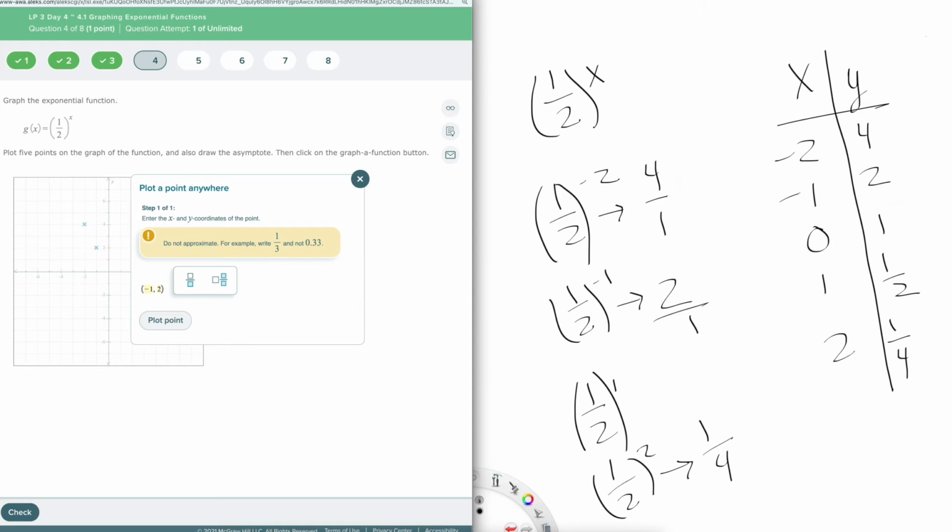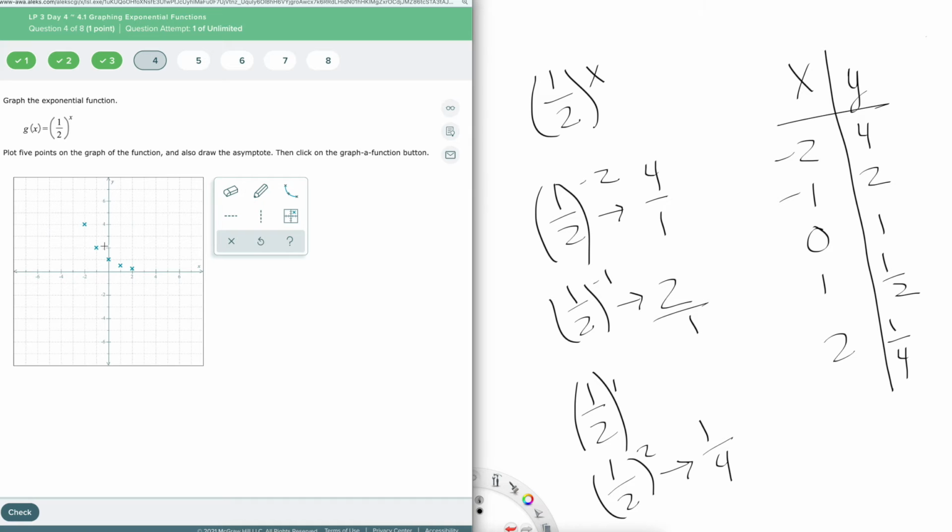Then the points: -2, 4, -1, 2, 0 and 1, 1 and 1/2, and 2 and 1/4. So they made this one a little easier, I think, to see. So we can definitely see this one, hopefully a little easier. So when we plot this, make sure you plot 5 points and draw one asymptote.